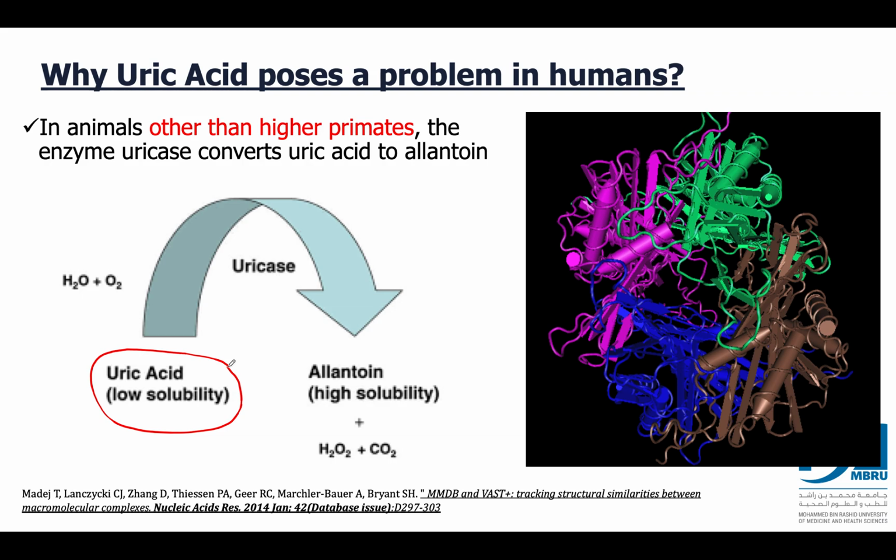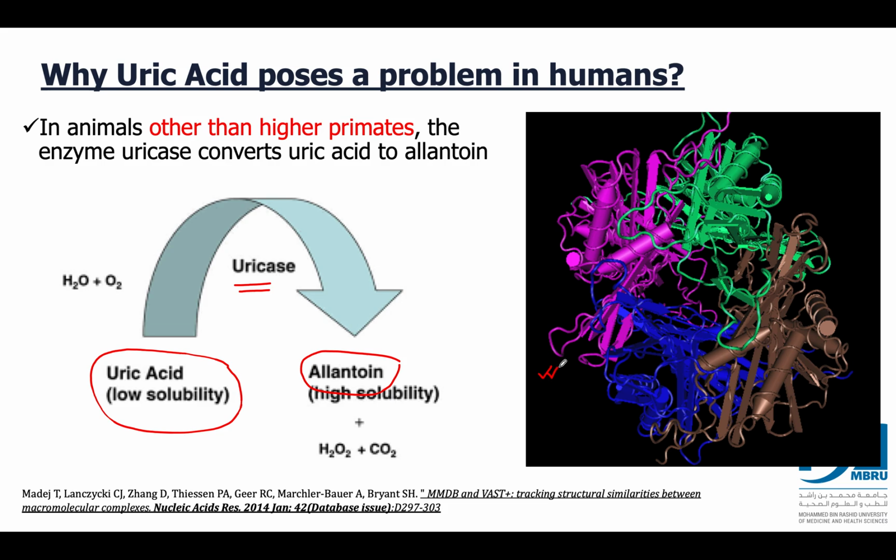Now, in animals other than humans and primates, this uric acid is converted by an enzyme uricase to a metabolite known as allantoin, and this is the structure of the enzyme uricase.